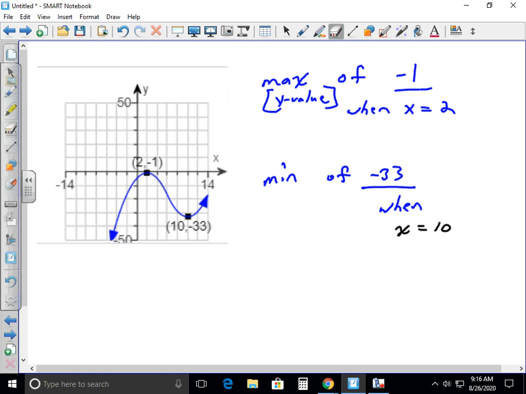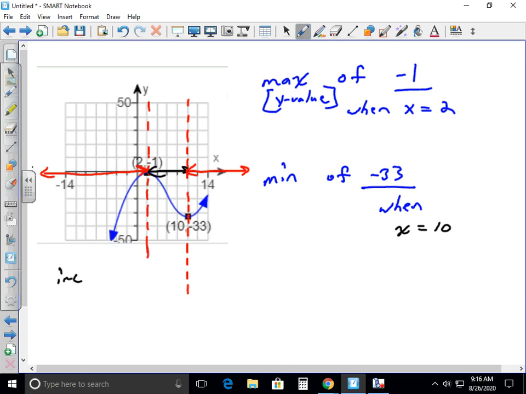Now let's talk about again where are we increasing and decreasing. So we have a transition point here and a transition point here. So our graph is broken into 3 sections. This section, and this section. So over what interval is our graph going up?